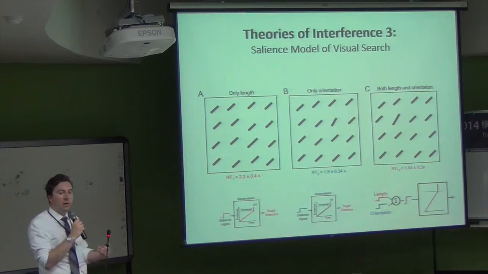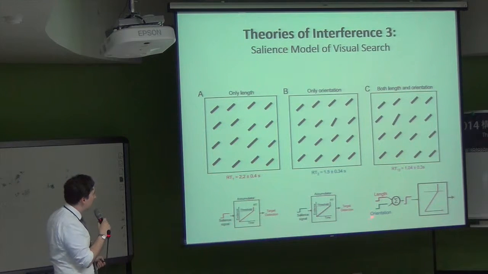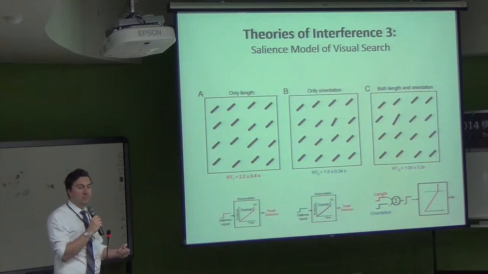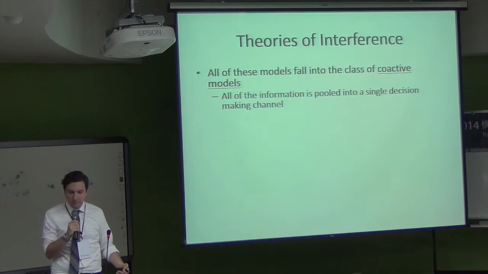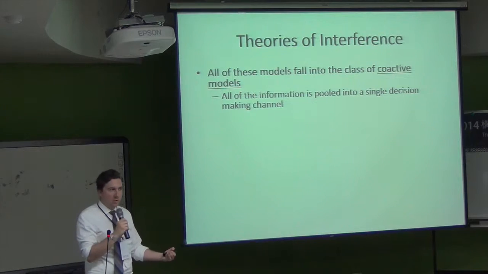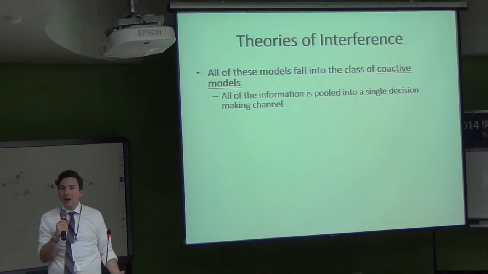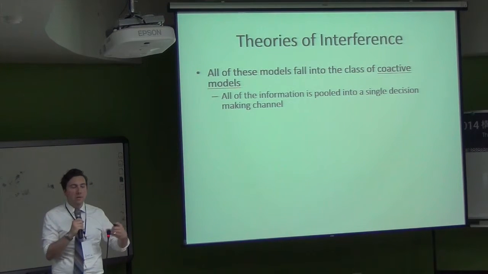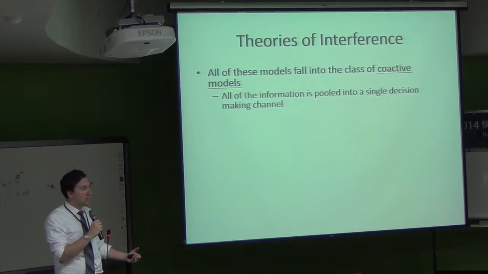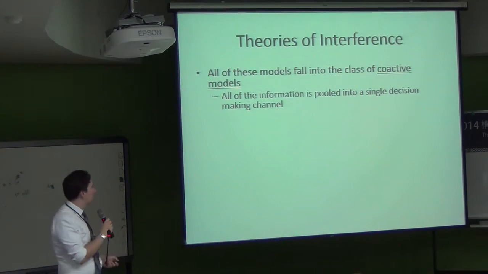A very common way of thinking about this type of oddball search is that, in fact, both of these differences are summed together and fed into a single decision-making channel. Now, if you remember from Mario's talk, each one of these models fall into a class of coactive processing models, because the information that you're getting from the stimulus is pooled together into a single decision-making channel.